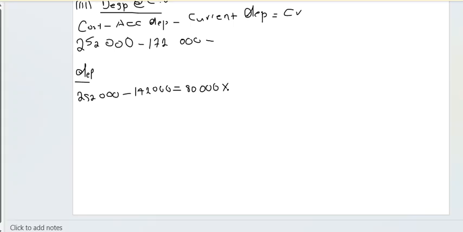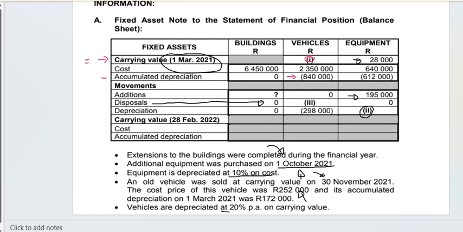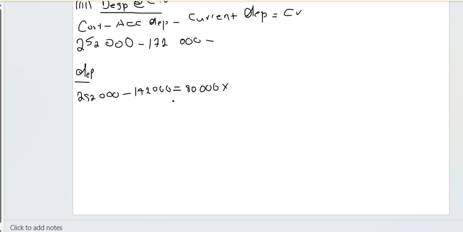Then I'm timesing it by the depreciation percentage. The depreciation percentage is 20%, which is 0.2, or 20 over 100. Let us follow the strategy carefully.